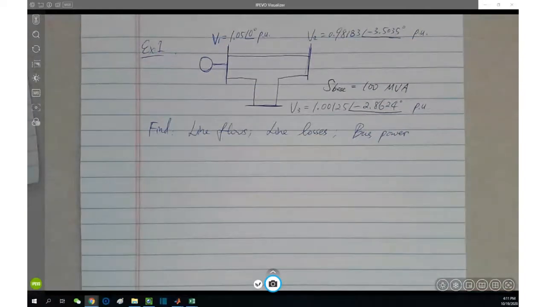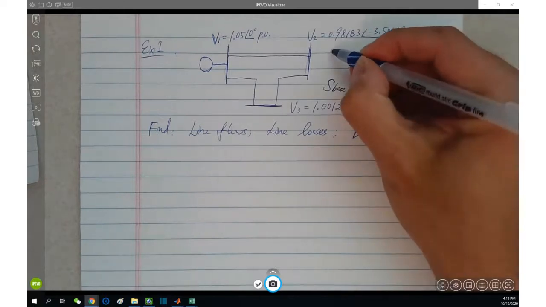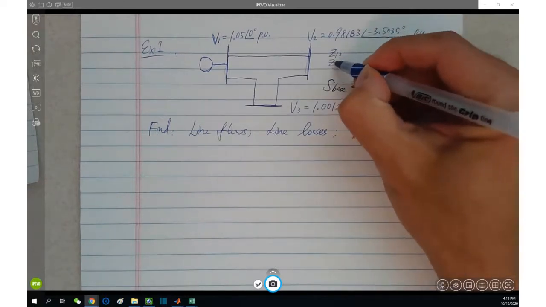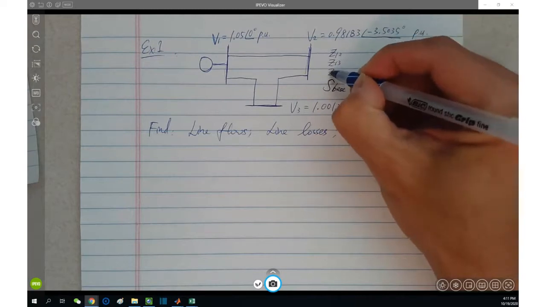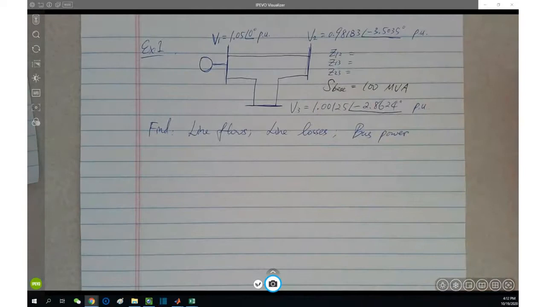And what else do we need? We really need it. Actually, good. Anil got it. What is it? We don't have this. Okay, we don't have it. Then we can't do anything. Obviously, 3 lines, we need 3 line impedances, or admittances, whatever.